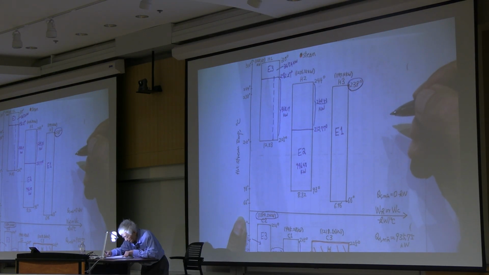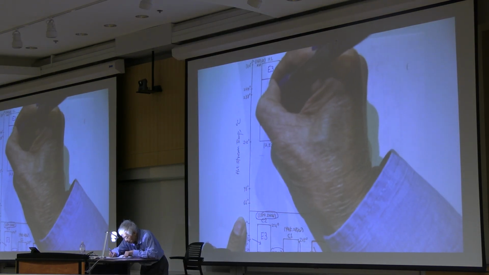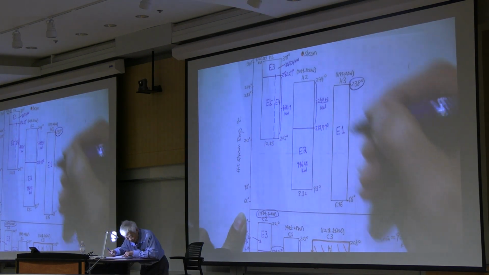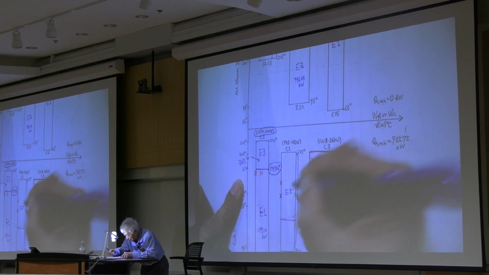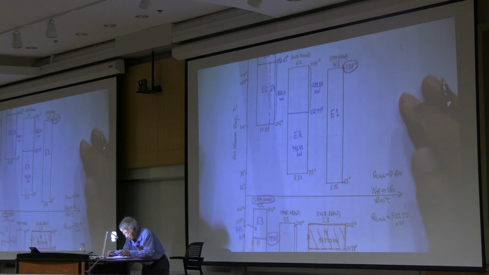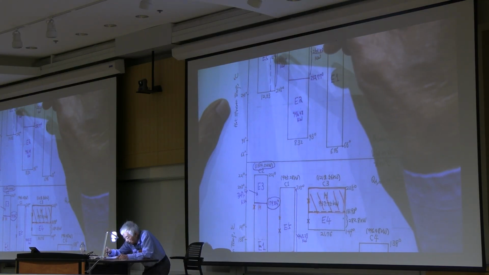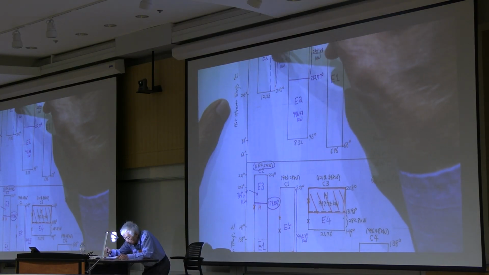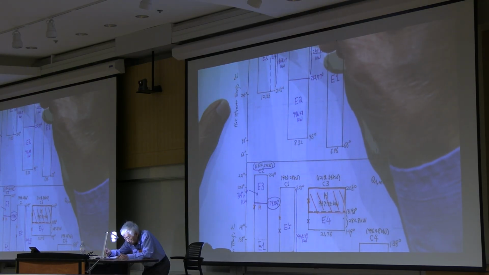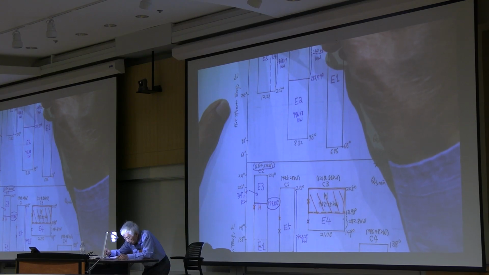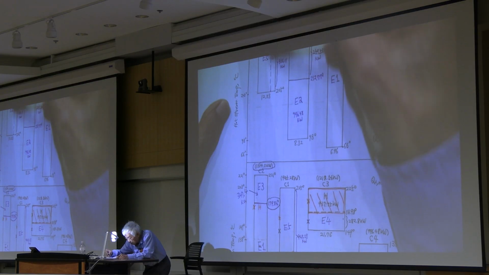If I call this E4, E5. So, what I'm doing is, this single hot stream exchanging heat with two cold streams. So I split it.